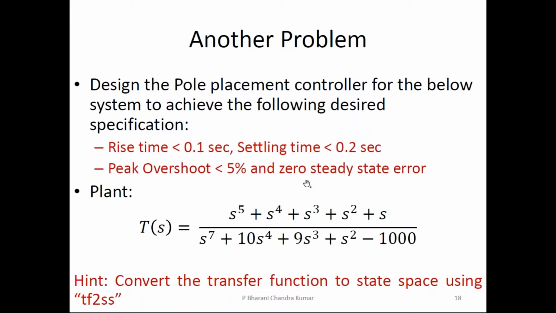Hello, sir. As you said, for linearizing a nonlinear system we are using the Jacobian, and one more thing is the Taylor series, right, sir? Yeah, Taylor series approximation. If you express the nonlinear equations in the Taylor series approximation, you consider only the first order terms, and the first order term is nothing but the Jacobian.